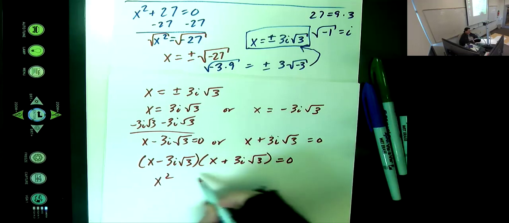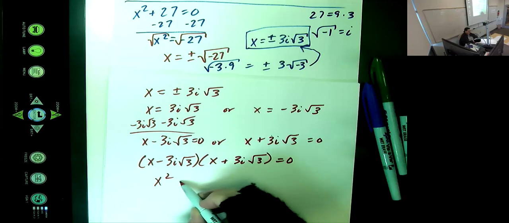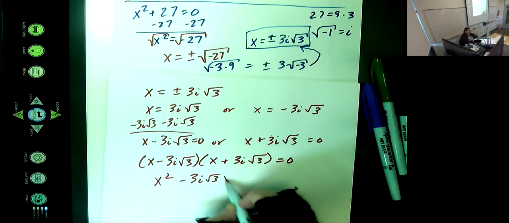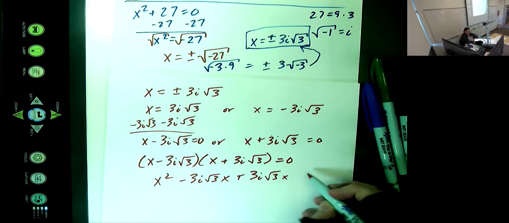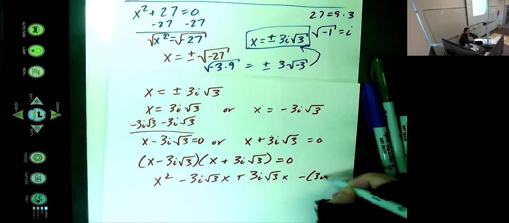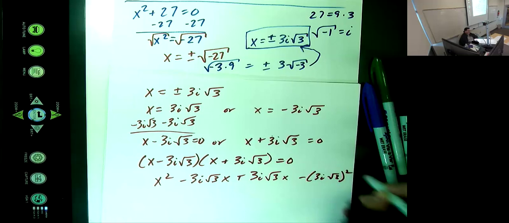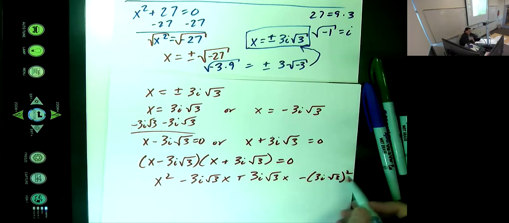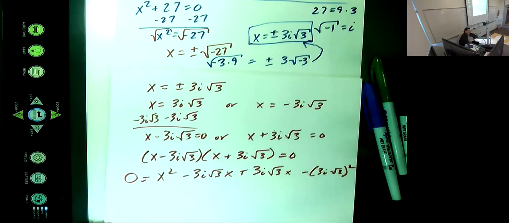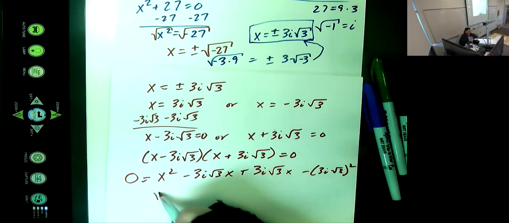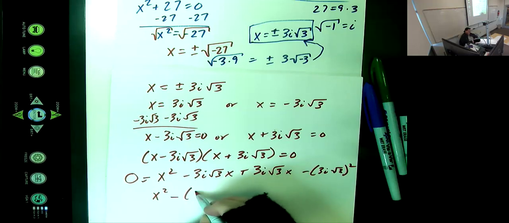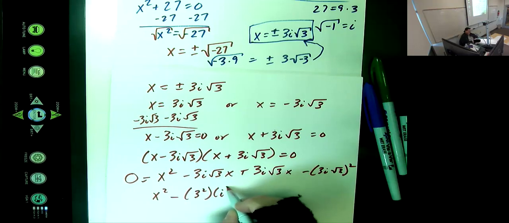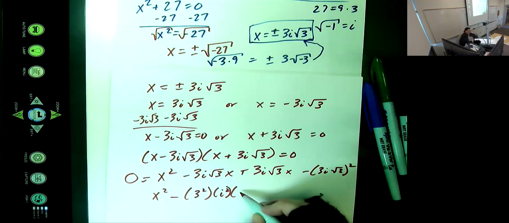You multiply it out, you get minus 3i root 3 x plus 3i root 3 x, and then minus 3i root 3 squared equals 0. There's a 0 there, I'll put it on the left. So that turns into 3 squared, i squared, and square root of 3 squared.